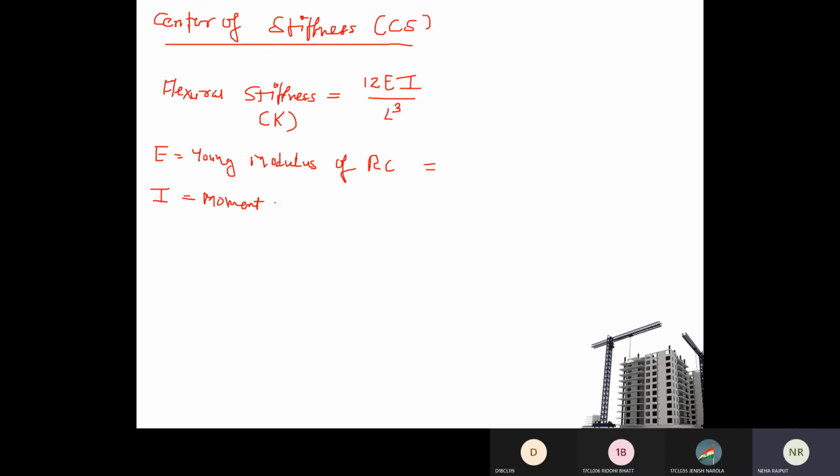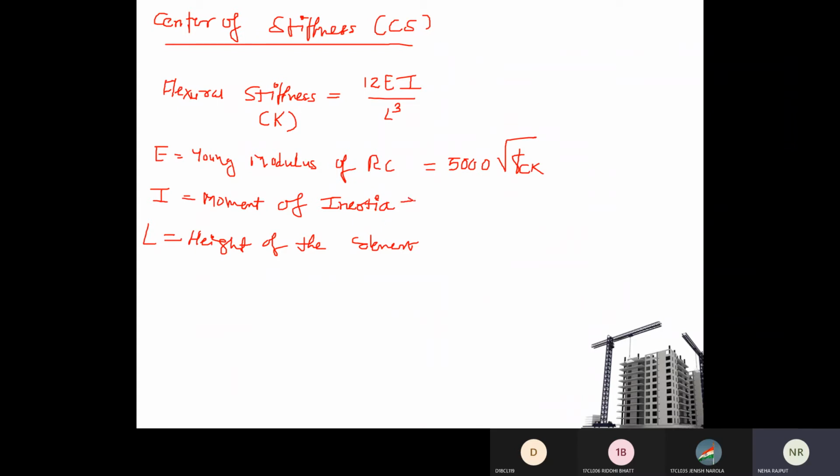It is 5,000 root FCK, right? I is the moment of inertia.